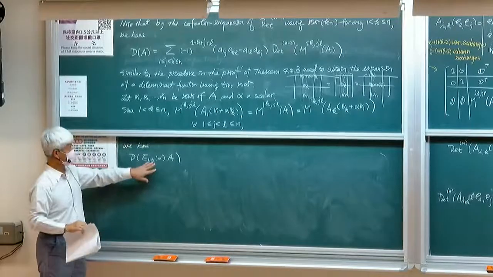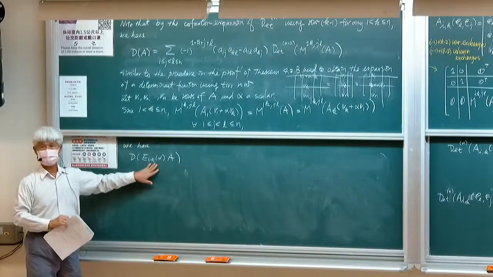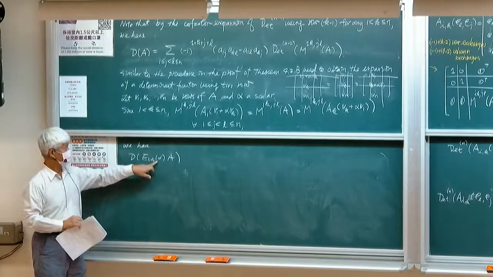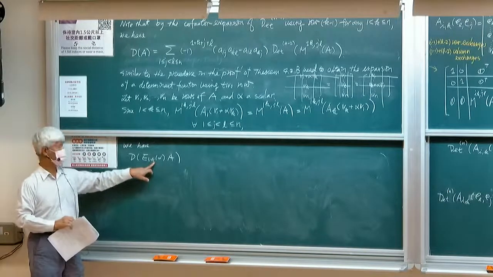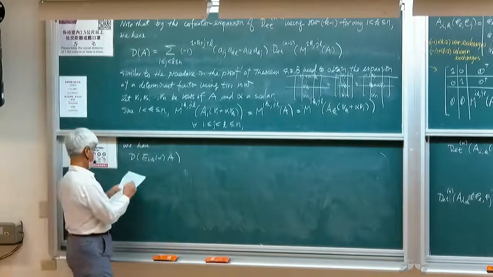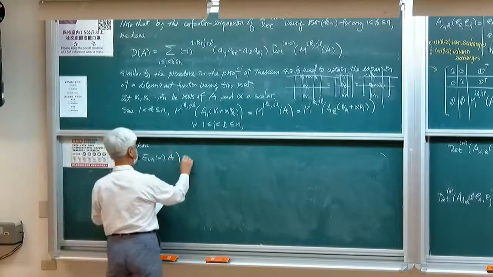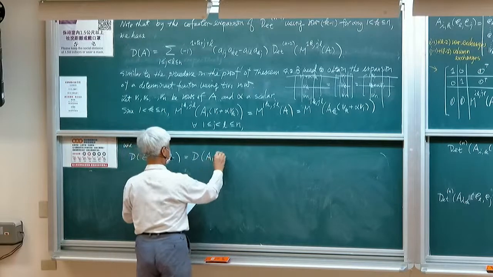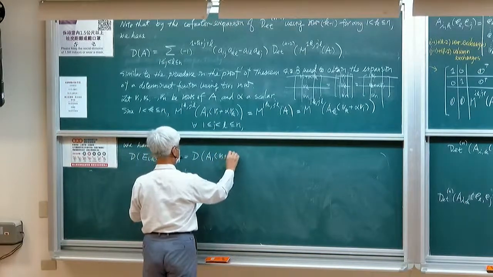All right, so when we do the replacement operation by adding a multiple of the K-th row to the first row, we know this is equal to A1 with R1 plus alpha RK.